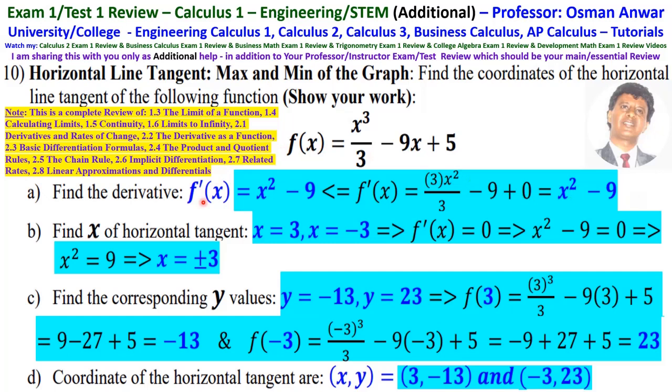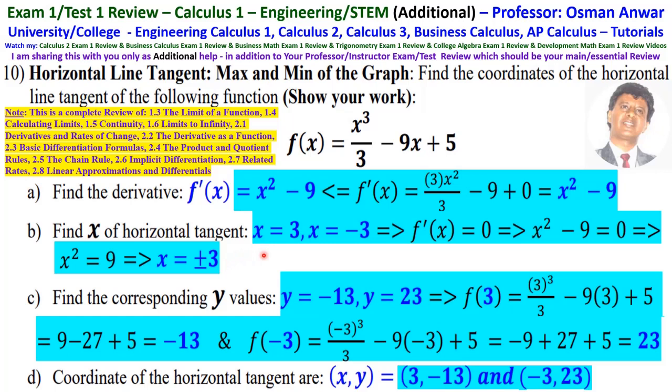So that's the derivative. Then set that equal to 0 to find the x values of the horizontal tangent points, which is f prime of x equal to 0, which is x squared minus 9 equal to 0. x squared equals 9, that means x equals plus or minus 3.